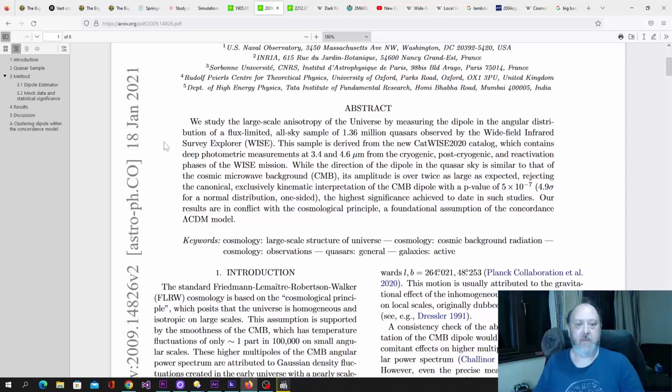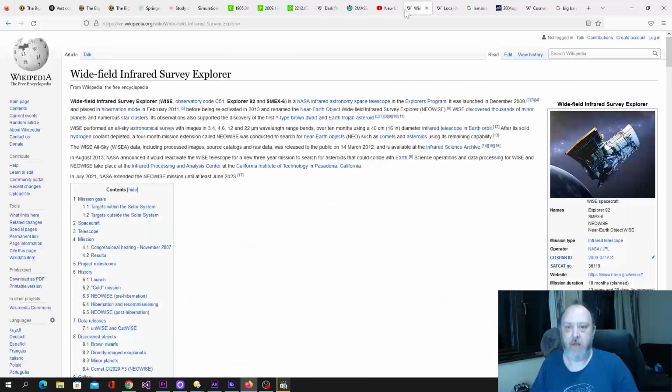We study the large-scale anisotropies of the universe by measuring the dipole in the angular distribution of a flux-limited all-sky sample of 1.36 million quasars observed by the Wide Field Infrared Survey Explorer. So that's this particular mission here.